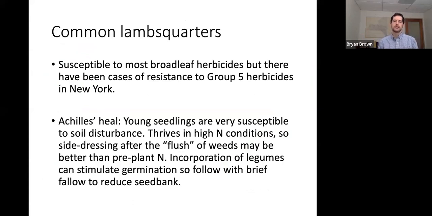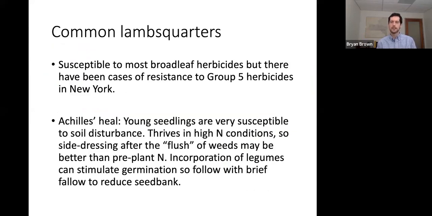There's a few cases of resistance to group 5 herbicides in New York, and I'm talking about the WSSA, Weed Science Society of America grouping, mode of action, site of action numbers. And actually, Jen, if you want to share the link to it, I have a chart that would be really helpful for folks to look at.